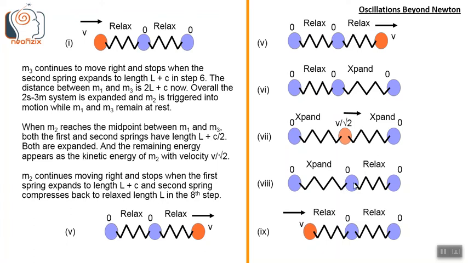When the first spring gets expanded to length L plus C and the second spring is relaxed, M2 stops moving because the total energy is stored in this expanded spring.